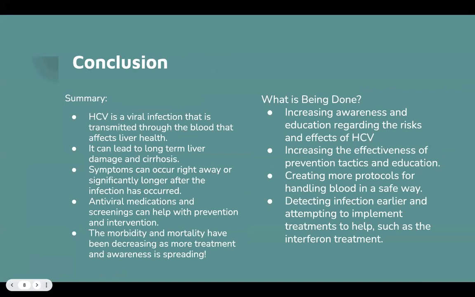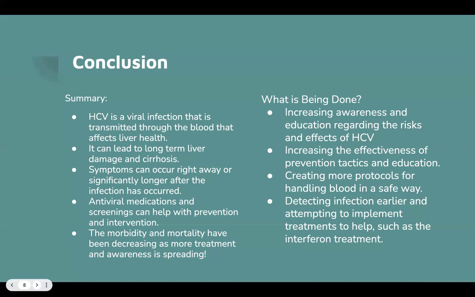Antiviral medications and screenings help with prevention and intervention. The morbidity and mortality have been decreasing as more treatment and awareness is spreading. In the past 20 years, they've decreased a lot, but it is still a prevalent concern. The treatment is helping, but there are still people who are dying from it.